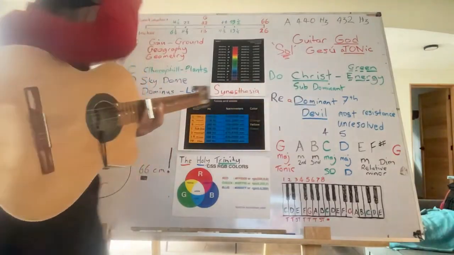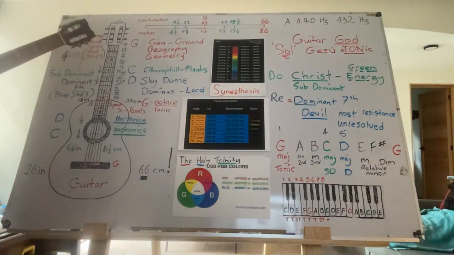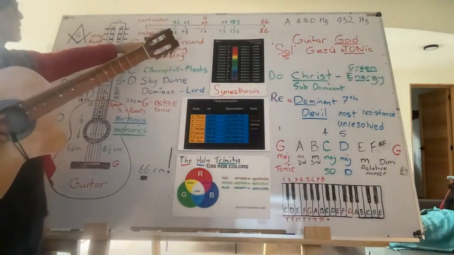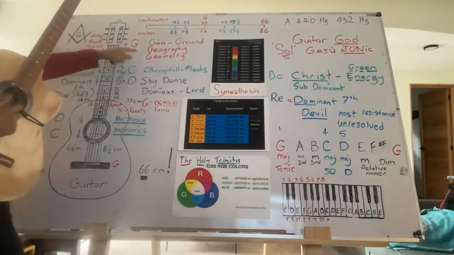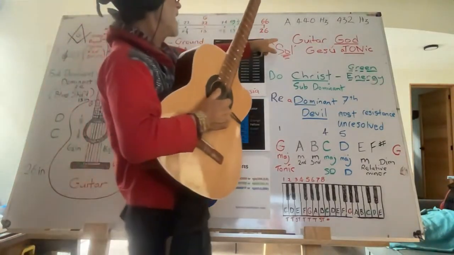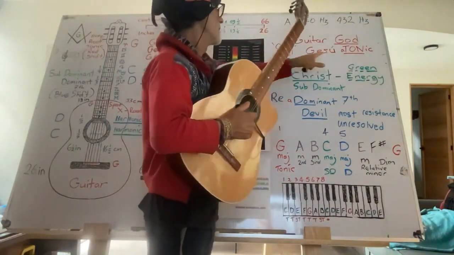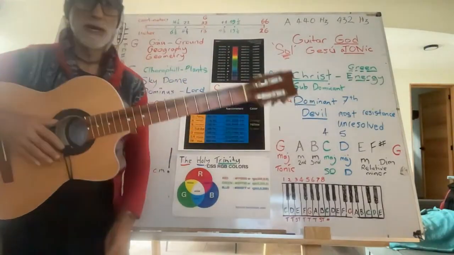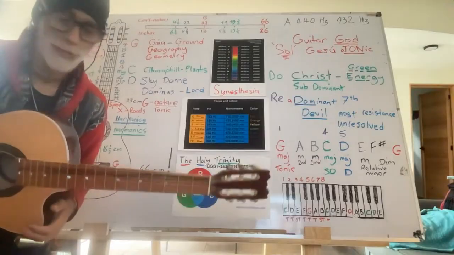Okay? So this is the syncretism part. So G is for Gaia, grounding. Geography, geometry, etc. Guitar, God, Jesus, and the planet Jupiter. Remember, when we do pentatonic, the sun and the moon are excluded.